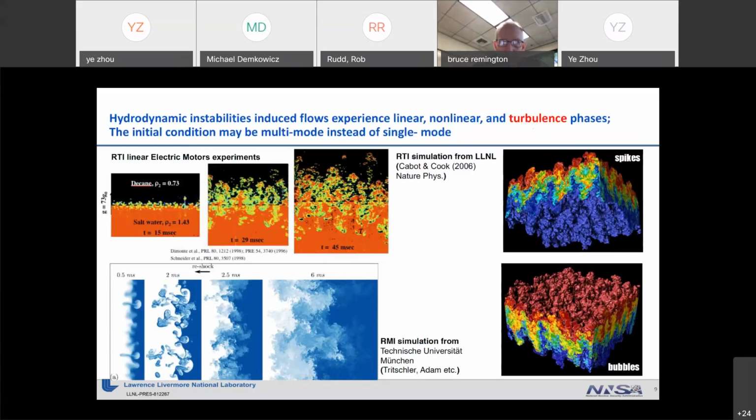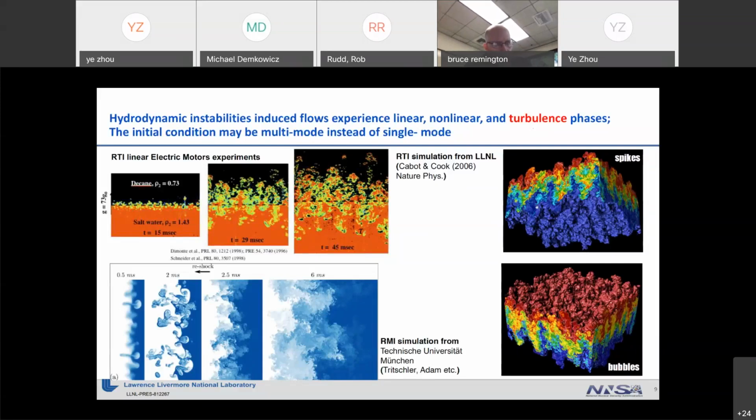So here are different snapshots of a Rayleigh-Taylor experiment at different times. This is the early time, obviously in the linear regions. And if you wait a little bit later, it becomes highly nonlinear, then eventually we transition to the turbulent regions.